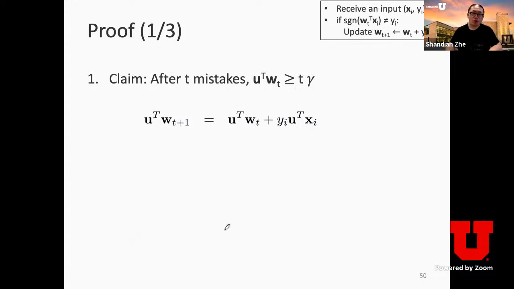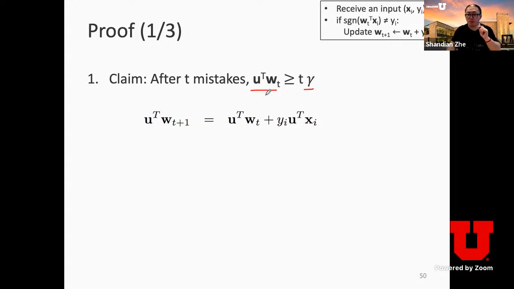In our first step, we're going to prove this claim: after t mistakes, this inner product, U transpose Wt, is lower bounded by t times gamma. U, remember, is the weight vector for some known separating hyperplane. Wt is the weight vector after t updates.